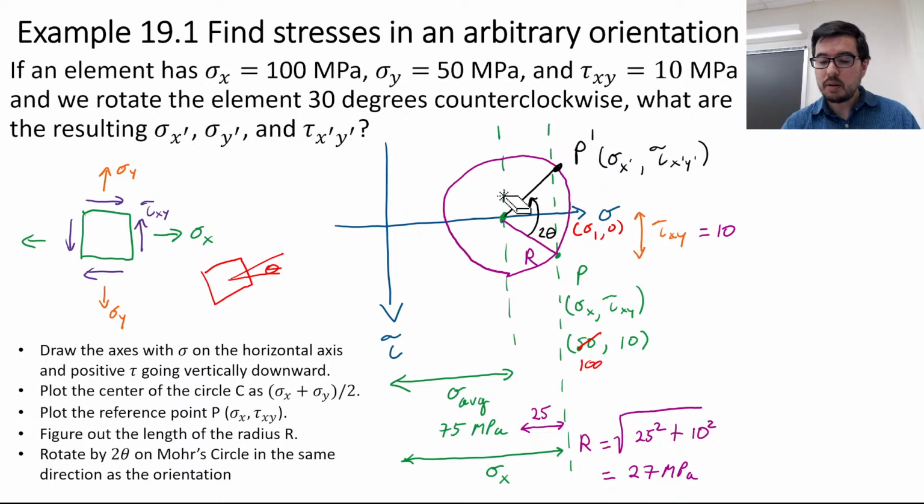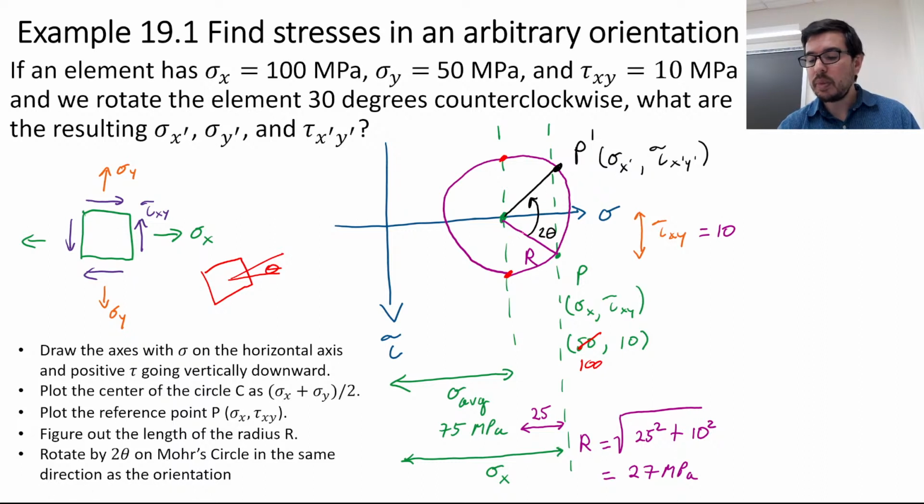And if I'm interested in figuring out how much rotation I have to do to get to a state of maximum in-plane shear stress, I have to go out here. So before we said that was a rotation of 30 degrees, right? That was 60 degrees in there.